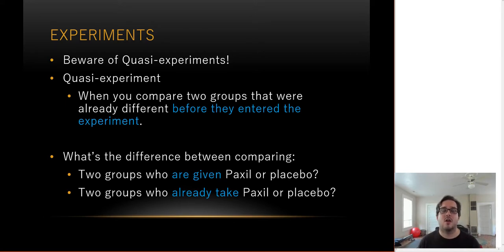In other words, quasi-experiments don't resolve third variable problems. Again, that's the unique aspect of an experiment. So if you ask people to come into the study already different, you're not controlling for those. Beware of quasi-experiments. They are okay, they are useful in certain situations, but you cannot draw causation from them.